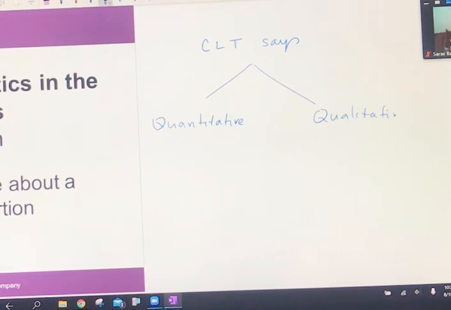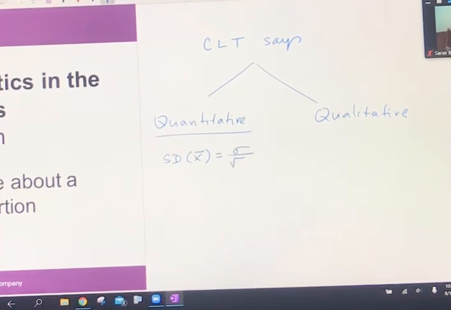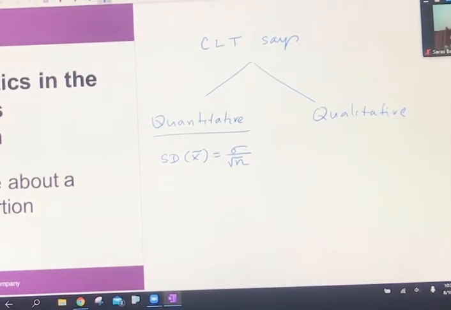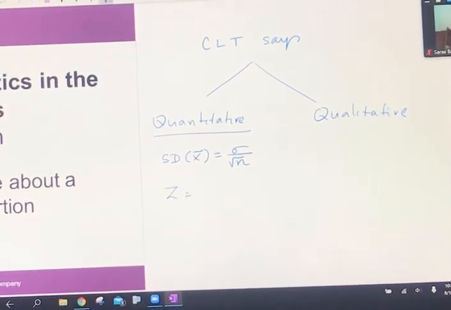If it is a quantitative variable, then the standard deviation of x bar is equal to sigma over square root of n. So you are introducing the z-score: x bar minus mu over sigma over square root of n.